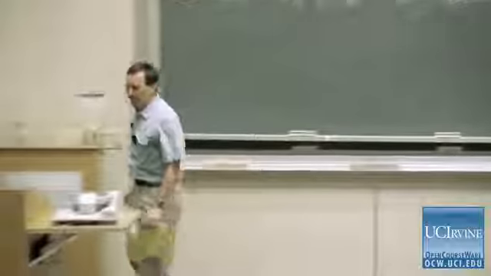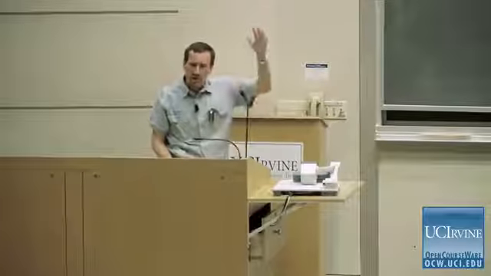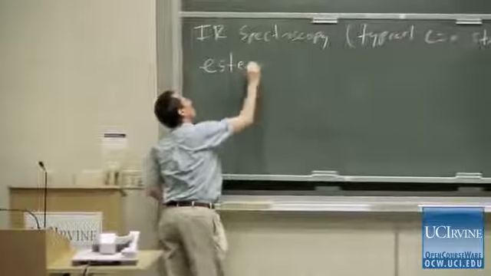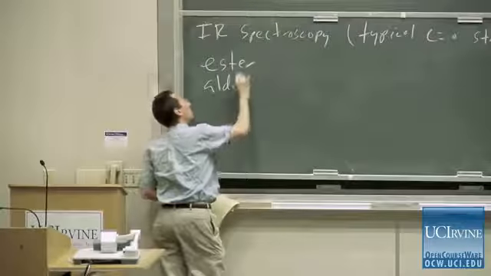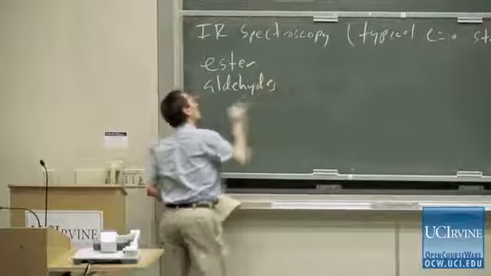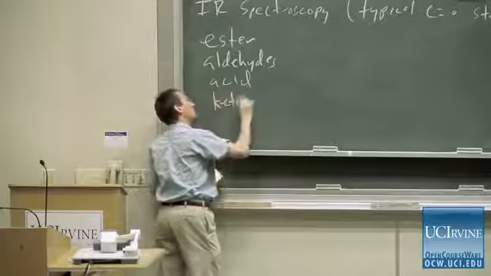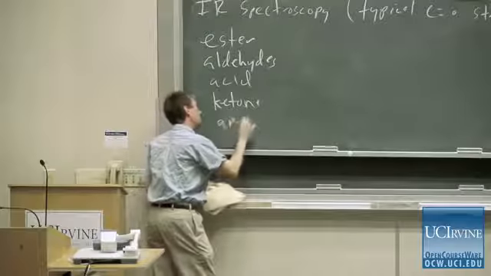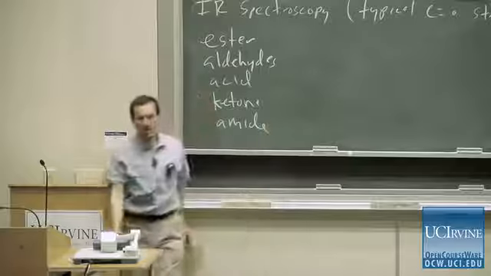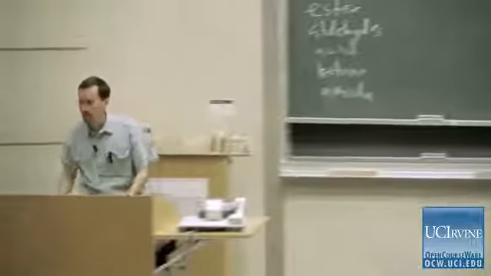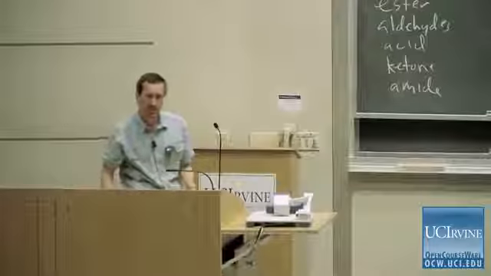One way I keep things straight in my mind when I think about the very subtle differences in carbonyl stretching frequencies is just to keep in mind a progression that in general, as we go from esters to aldehydes to acids to ketones to amides, the carbonyl stretch moves to slightly lower wave numbers, slightly lower frequencies.